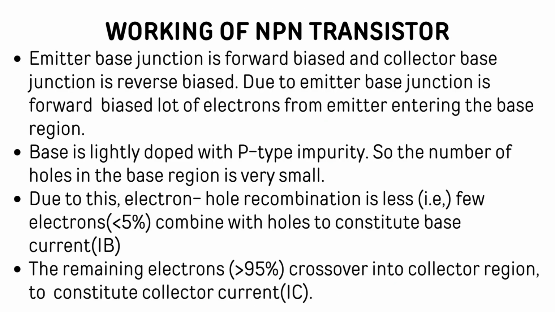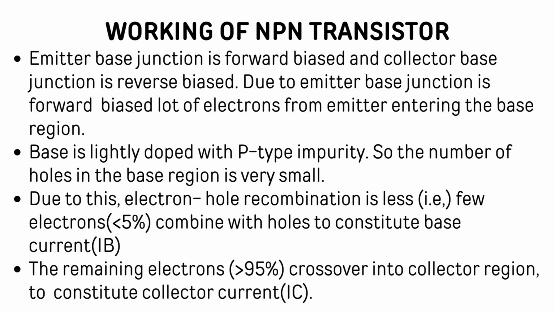Emitter base junction is forward bias and collector base junction is reverse bias. Due to the emitter base junction being forward bias, a lot of electrons from the emitter enter the base region. Base is lightly doped with p-type impurity, so the number of holes in the base region is very small. Due to this, electron hole recombination is less.